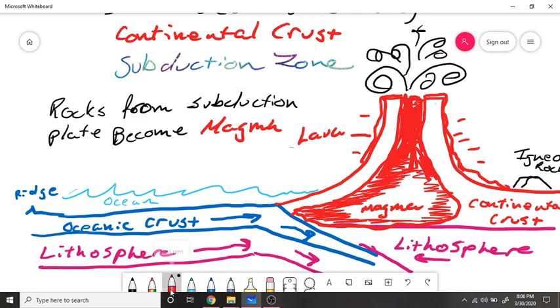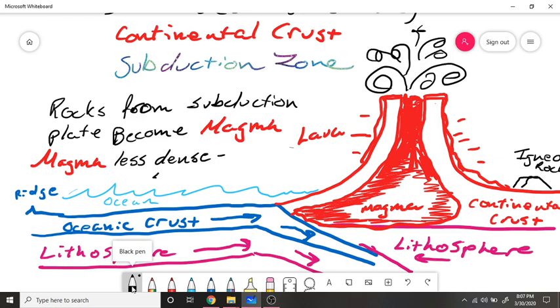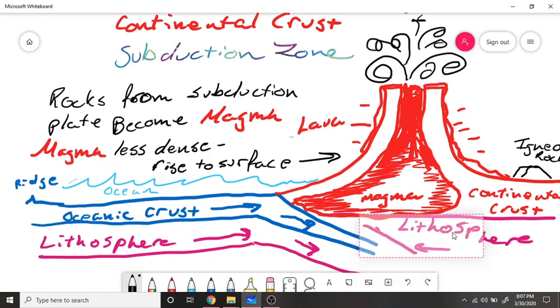That magma is actually less dense than the continental crust. So it's going to want to rise to the surface. And it does so in the form of a volcano.